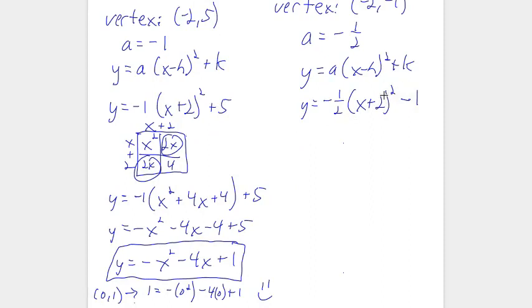The first thing we'll need to do here is square this binomial. Now, fortunately, we already squared x plus 2 over here, so we can reuse that same work. Don't forget your minus 1. Now we need to distribute the negative 1/2 and multiply each term in here by negative 1/2.